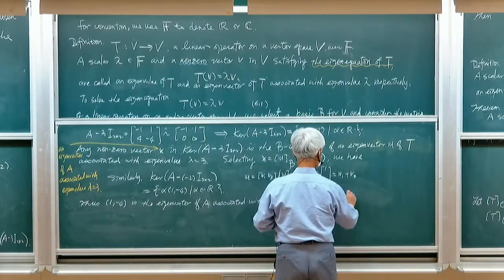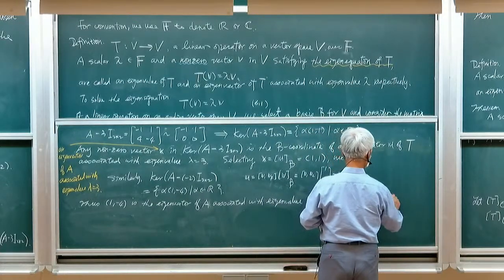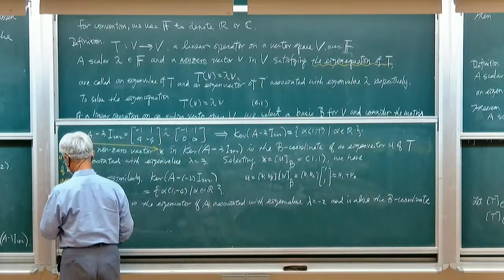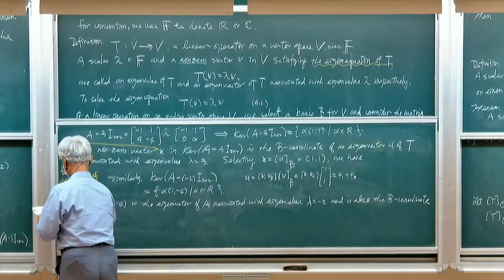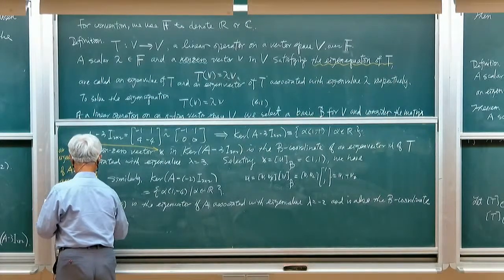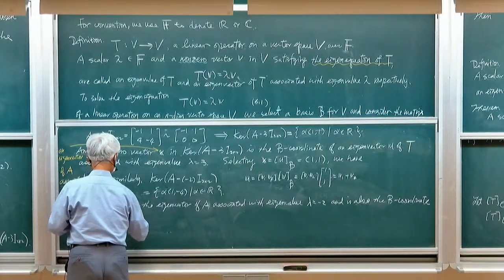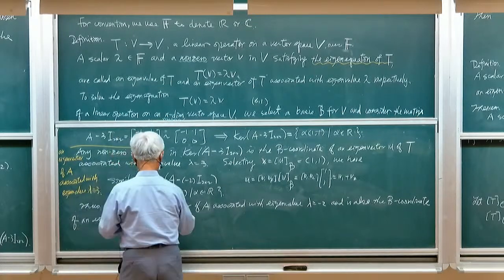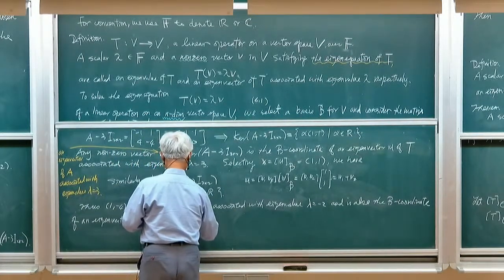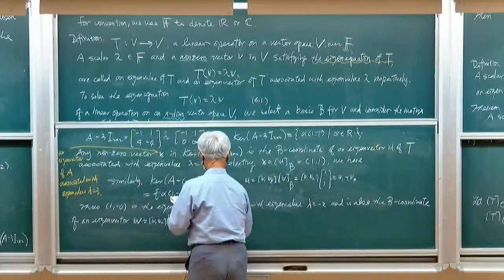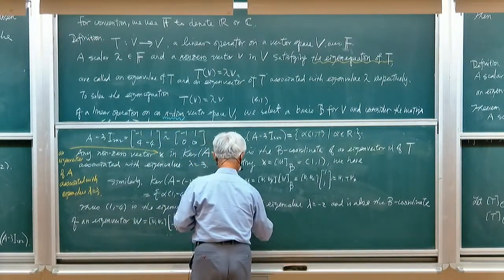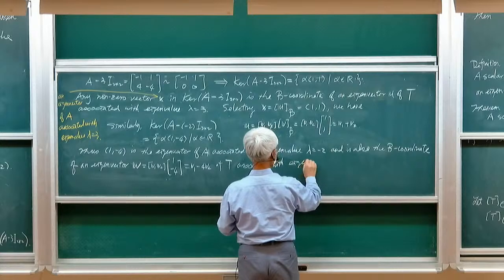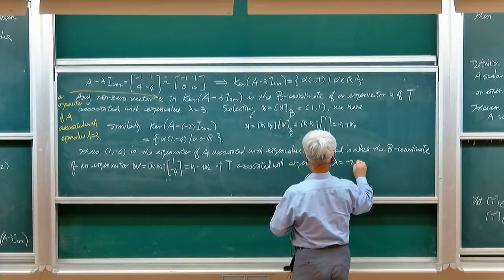And it's also the B coordinate of an eigenvector W, which is V1 minus 4 V2, of T associated with eigenvalue lambda equal to minus 2.